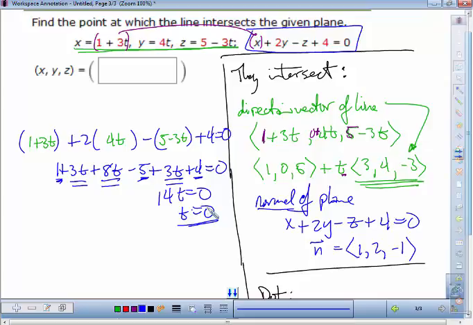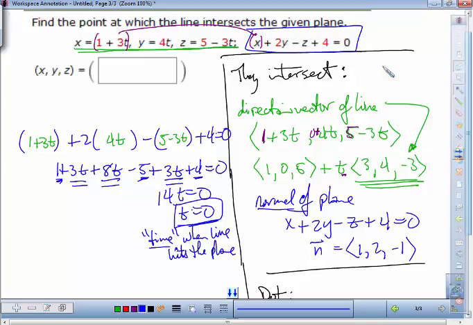Yes. So the t equals 0 tells us, if we were looking at this as time, that t equal to 0 is the time when the line hits the plane. And like Matt said, we take that t equal to 0 and put it back into the parametric equations for the line, because that's the only one that has a t in it, right?